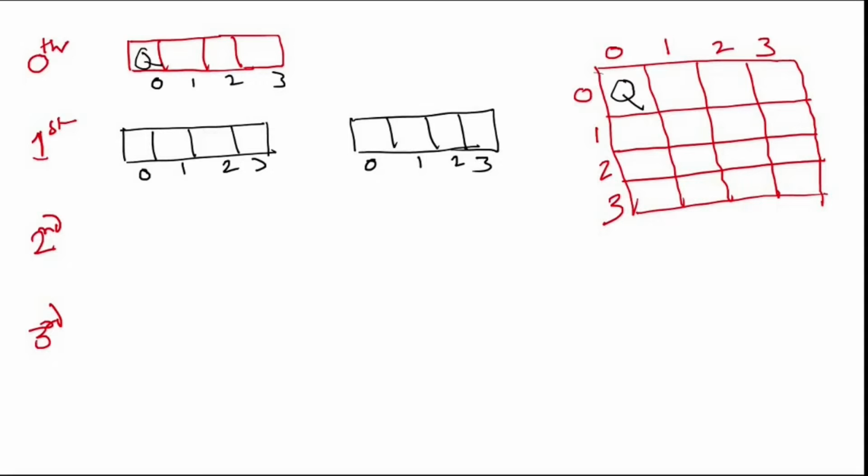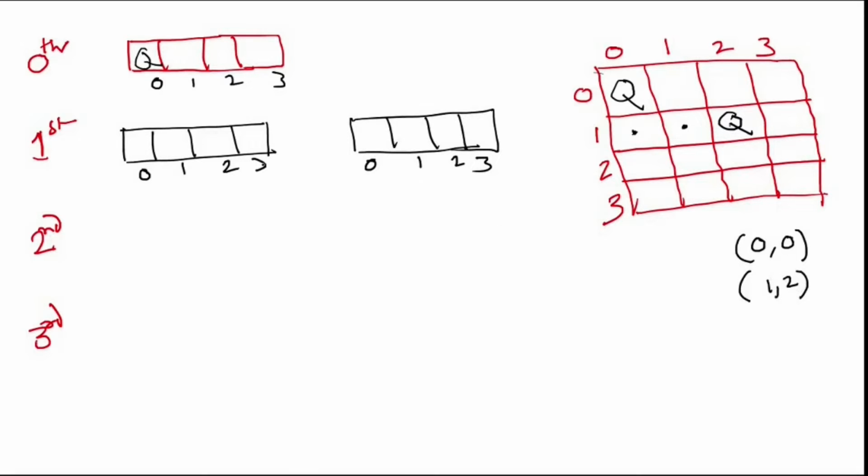So next, we are going to place our first queen, at the first level of recursion. Where should we place? If we place it here, it will be attacked. If we place it here, it will be under attack. If you place it here, then okay. So let us place it here. And also you maintain the indexes. The initial index is 0, 0. The second index is 1, 2.